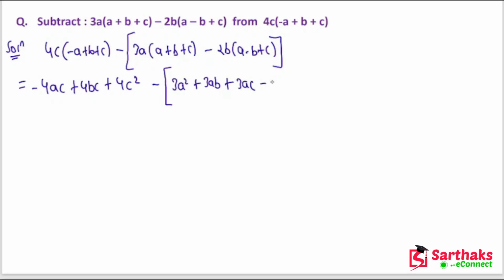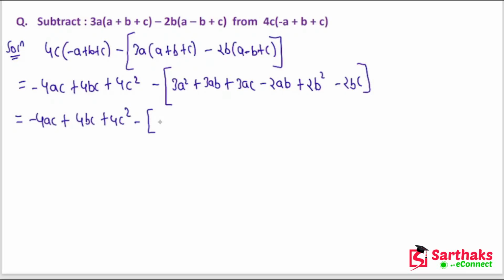Now minus into, it would be 2ab, minus 2b and it is minus b only. So minus into minus is plus 2b square, and it would be minus 2bc. Okay, so it is 3a square plus 3ab plus 3ac minus 2ab plus 2b square minus 2bc.